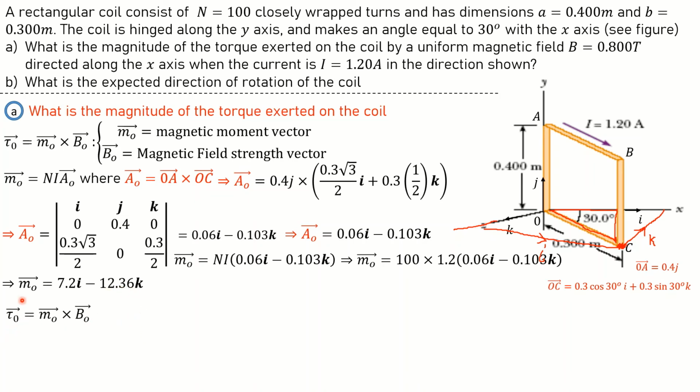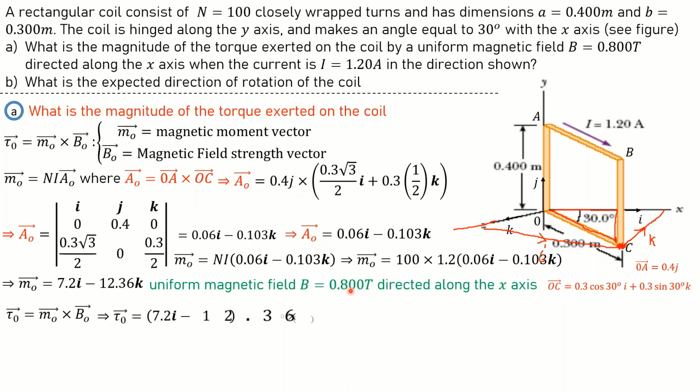Now from there we can get our torque, which is this expression. But we are told that the uniform magnetic field B has a value of 0.8 and is directed along the x-axis. It means that the y and z coordinates will be 0. So we can write the vector as simply 0.8 times i, because this is directed along the x-axis.